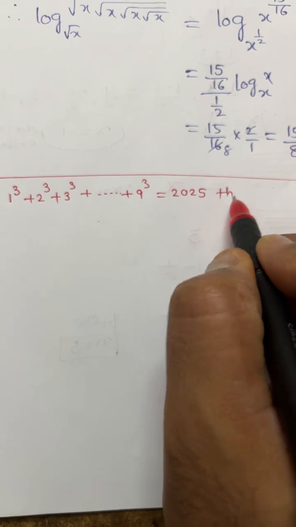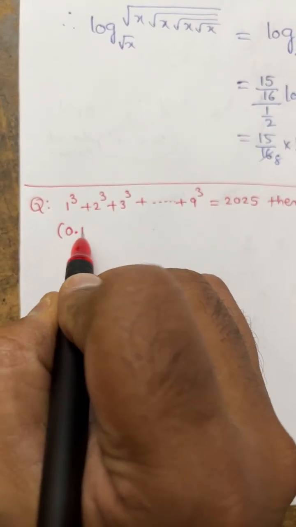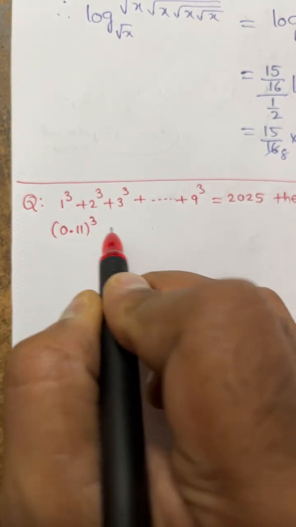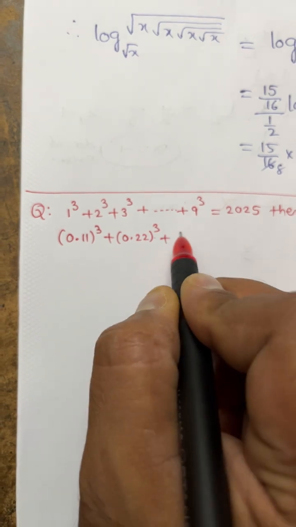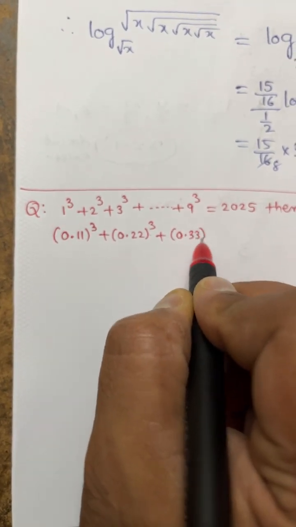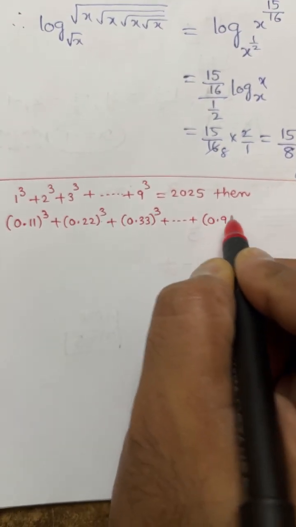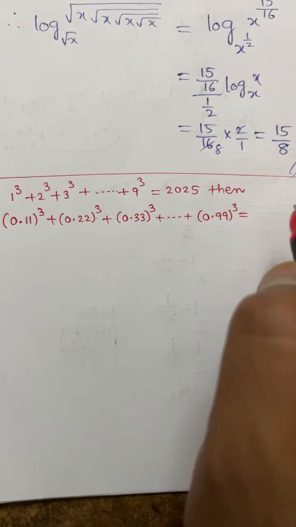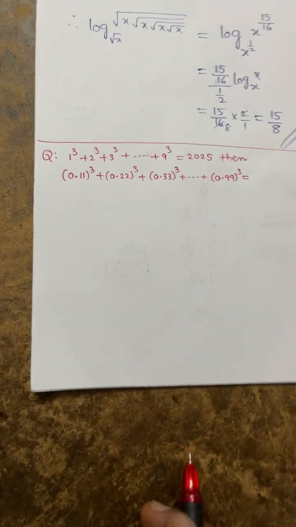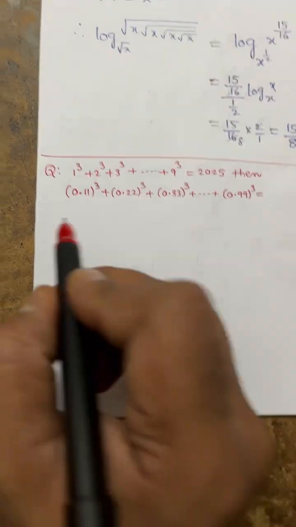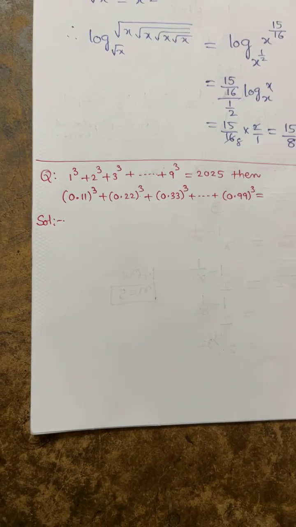Then the value of 0.11 whole cube plus 0.22 whole cube plus 0.33 whole cube plus and so on 0.99 whole cube is a question mark. So how to do this type of question? This is a good one.